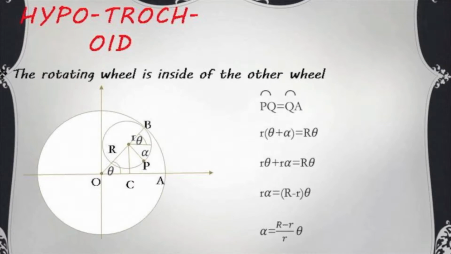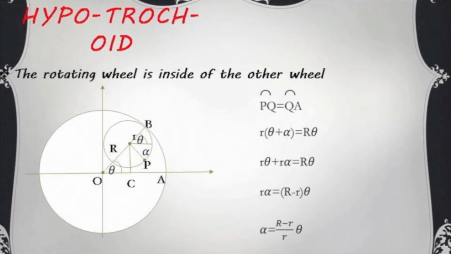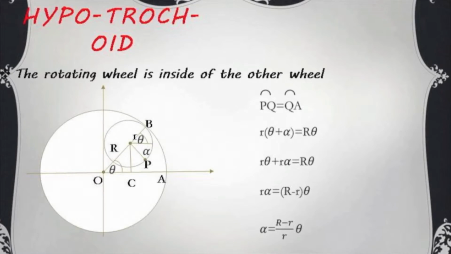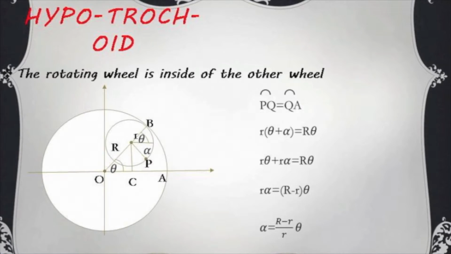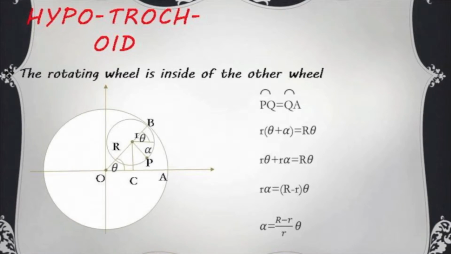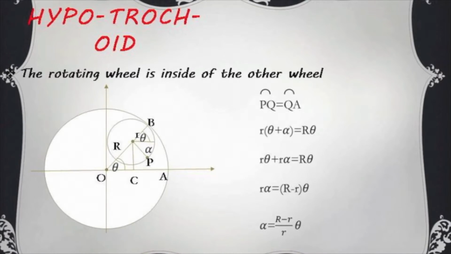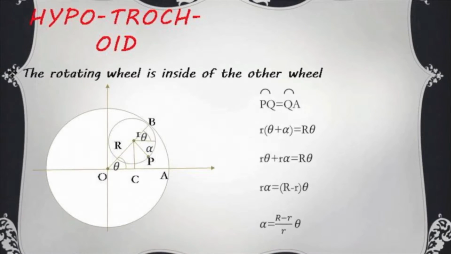So now it is hypotrochoid. The rotating wheel is inside of the other wheel. As the picture shows, the curve PQ equals the curve QA. And we know from the picture that curve PQ equals small r times (theta plus alpha), and curve QA equals R theta.